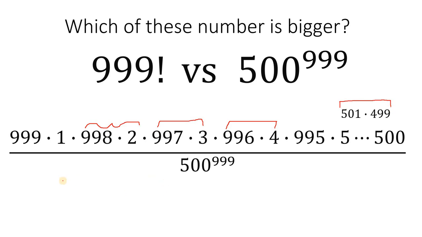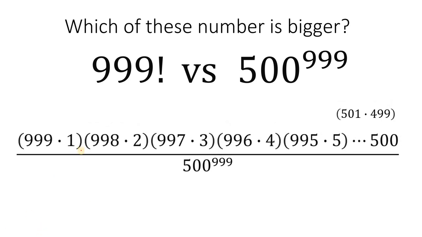Now, we're going to group the terms in the numerator by 2's, like this. So we have 999 times 1, 998 times 2, 997 times 3, all the way down to 501 times 499, and we are left with one number, which is 500.